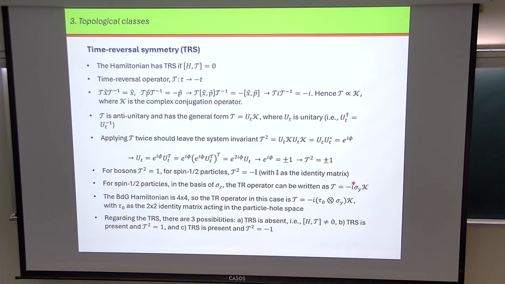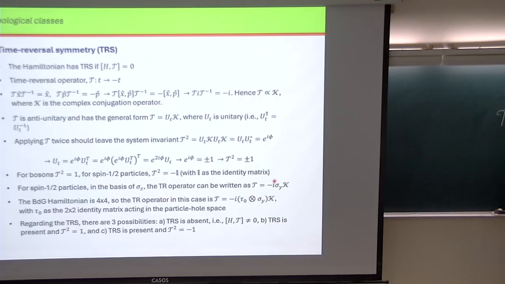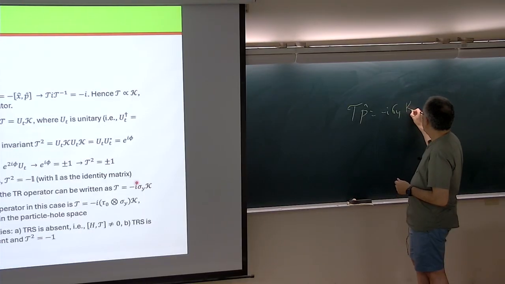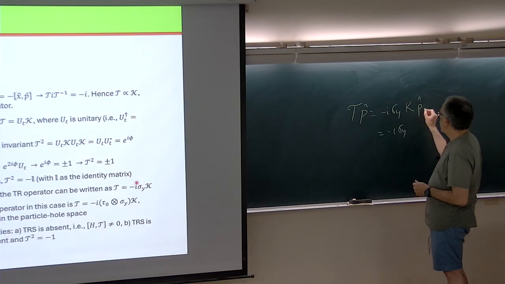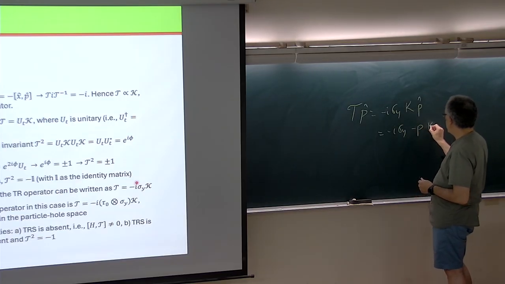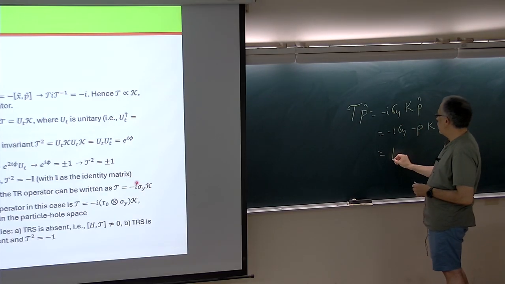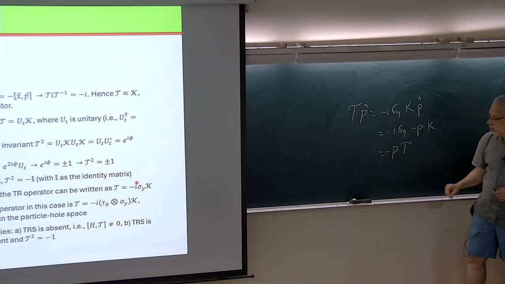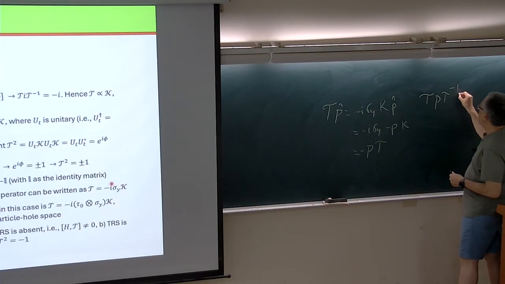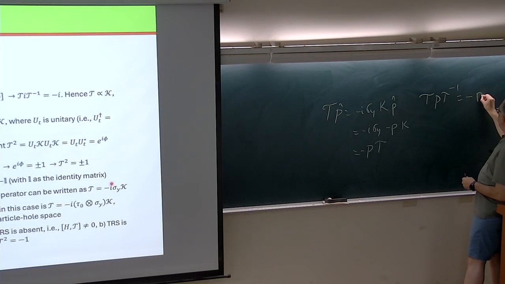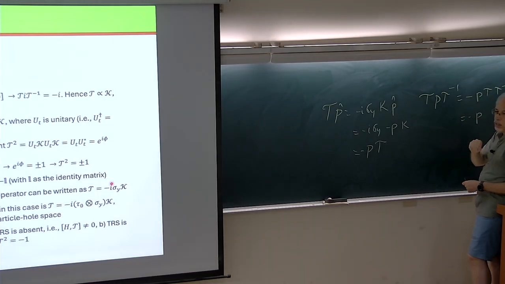So you have this, then you have p, and you will get -i, and this will be -p, okay? And this is just -p tau_0, so p will be -p, okay?